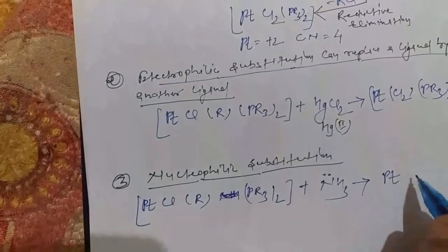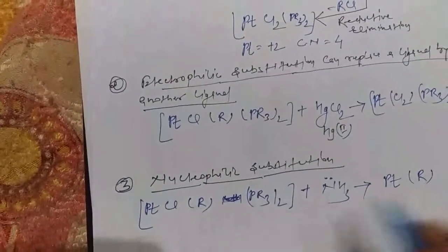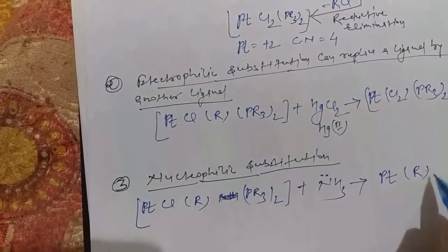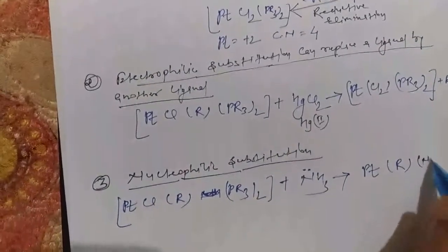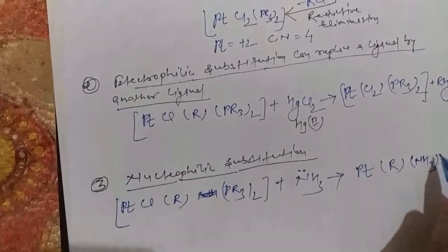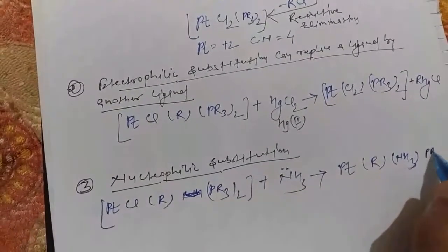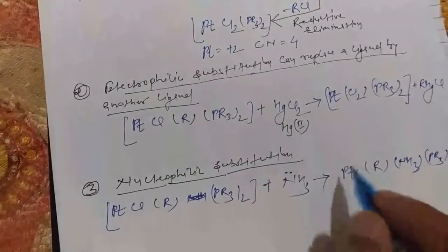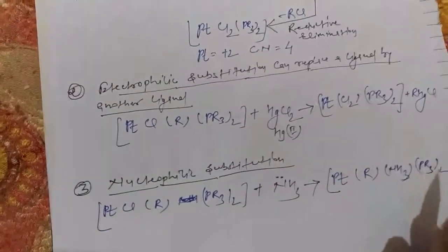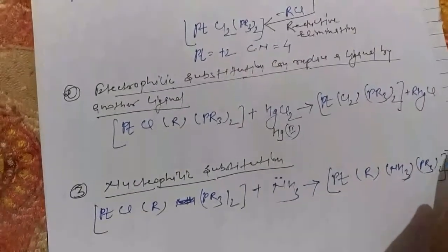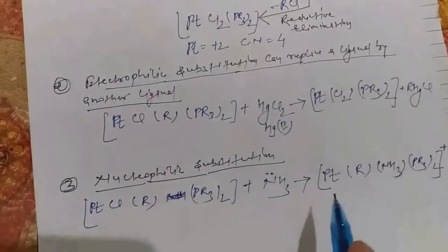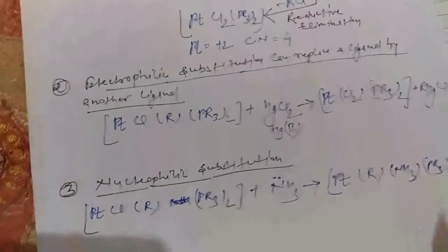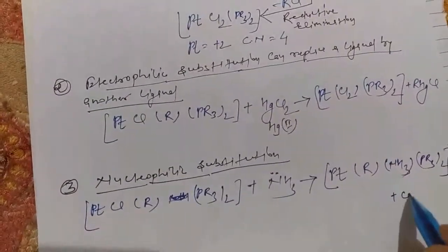Pt, then R, Cl will be replaced, and NH3 and PR3 whole twice, and this will certainly give a positive ion, by removal of one chloride ion. So the reaction will be balanced now.